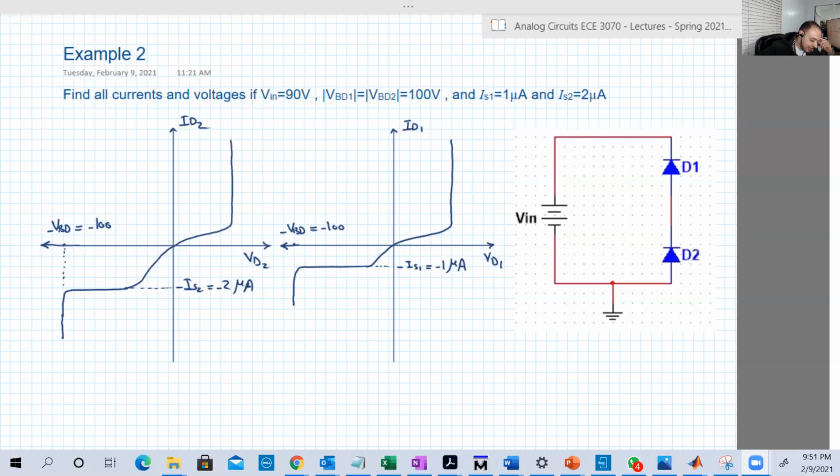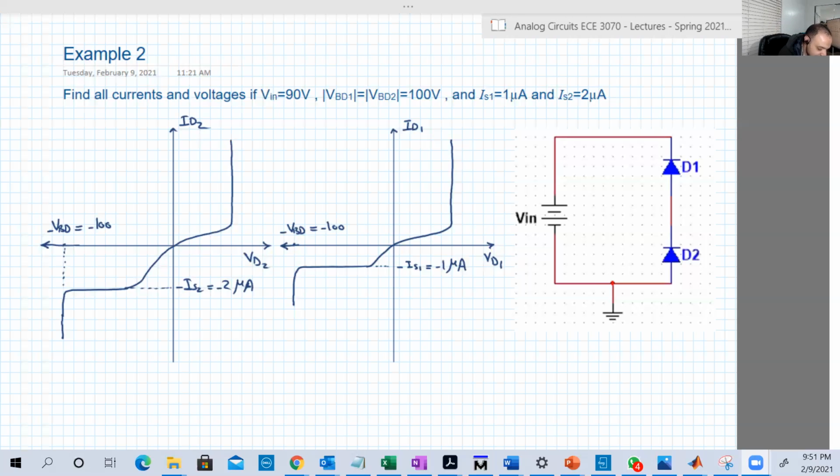We have here two diodes, D1 and D2. The first thing that you should do all the time is to check whether each one of them is connected forward or reverse. Here they are both back to back, so both should be either forward or reverse. They are in series.